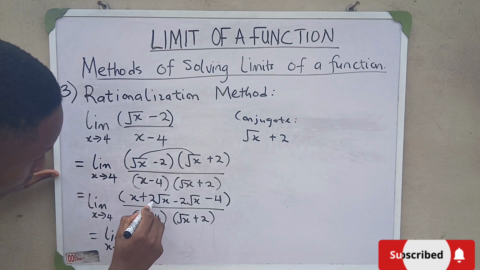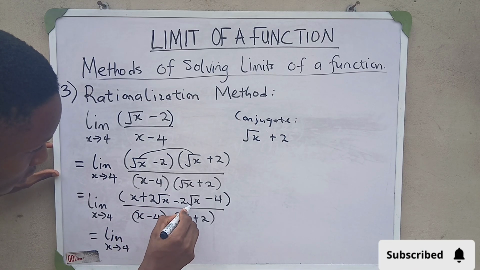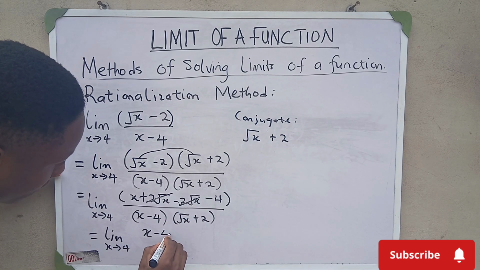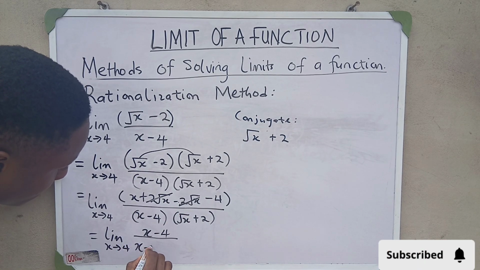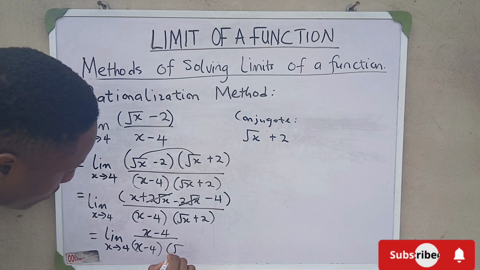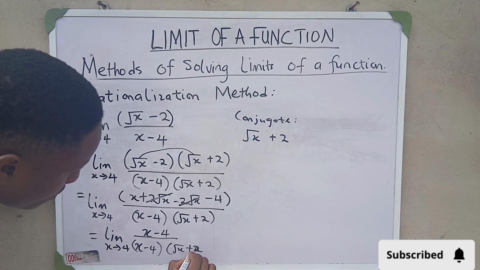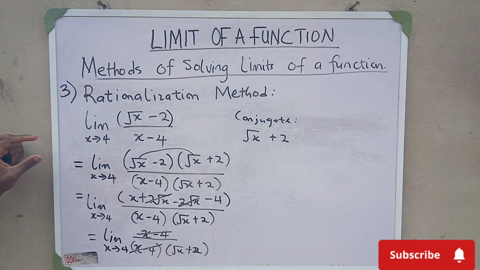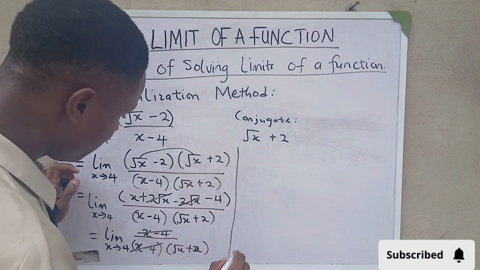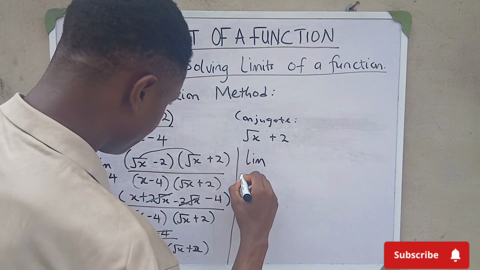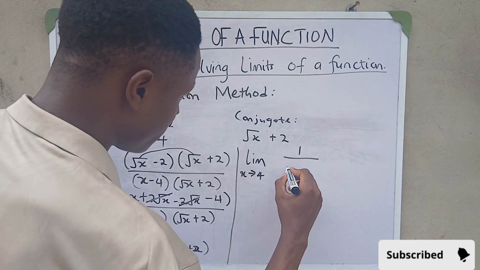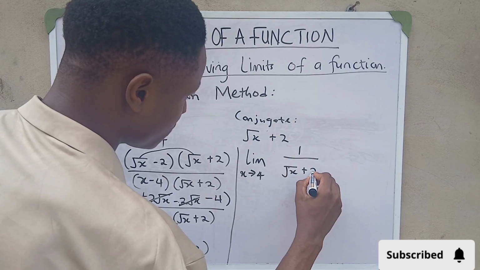So plus 2 square root of x minus 2 square root of x is 0. So they will cancel out. So we have x minus 4 all over x minus 4 square root of x plus 2. Now this is going to cancel this. So we will be left with limit of x approaching 4, 1 over square root of x plus 2.